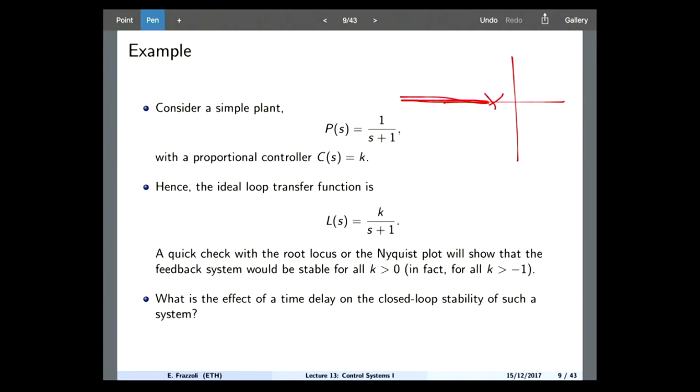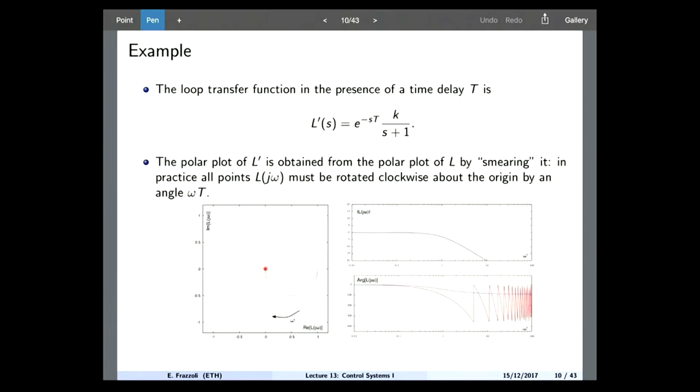You can see the same for Nyquist. Now, what happens when you bring in the time delay? Our transfer function is no longer k over s plus 1, but k over s plus 1 multiplied by this exponential. On the Nyquist plot, you no longer have this nice half circle.